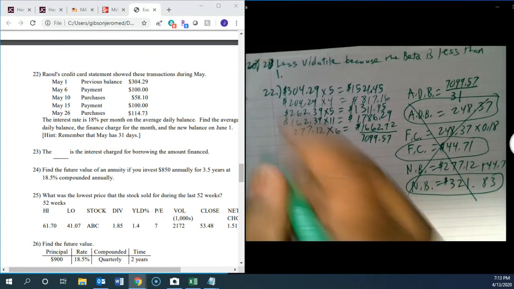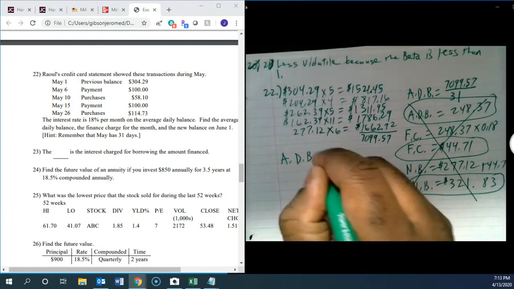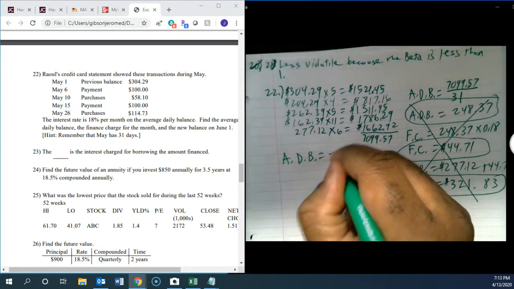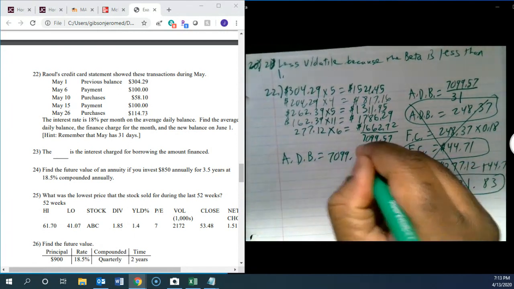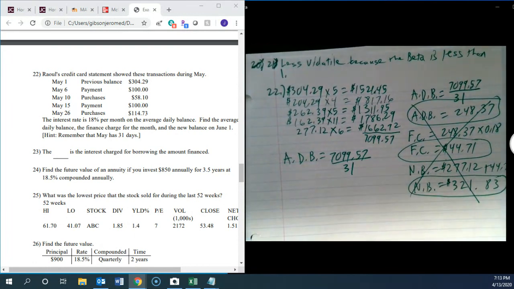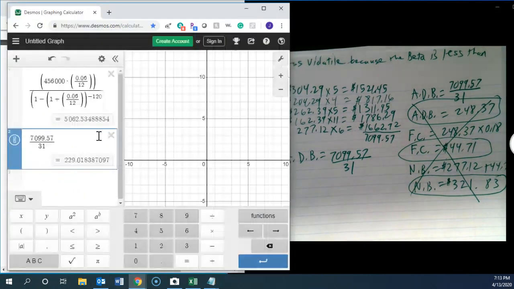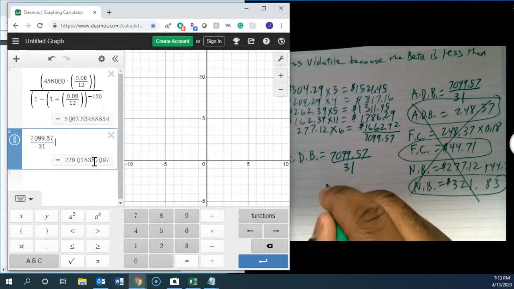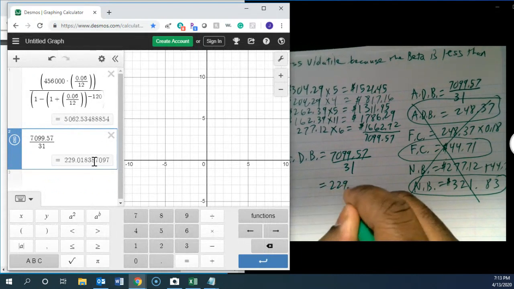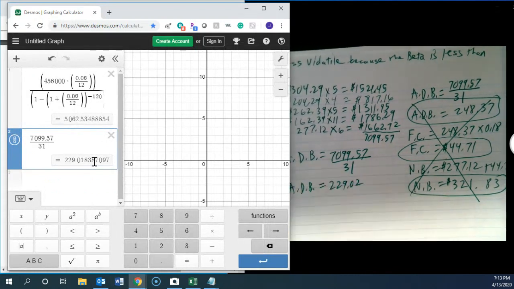So let me go back here. It's the average daily balance. So it's $7,099.57 divided by 31. Now, when I put this in the calculator, it actually gave me $229.02. So that is your average daily balance.